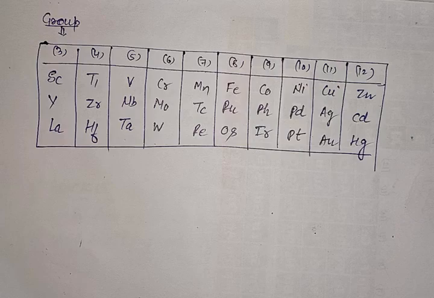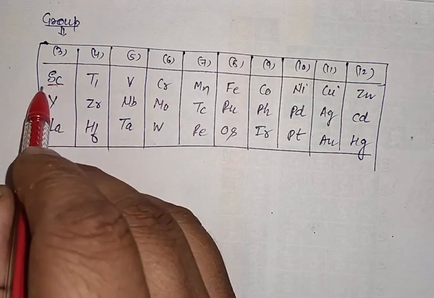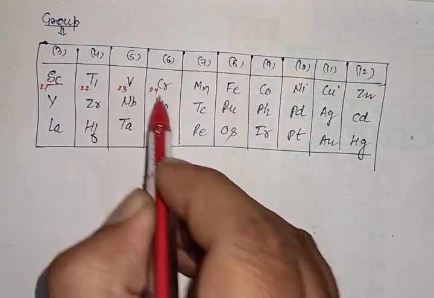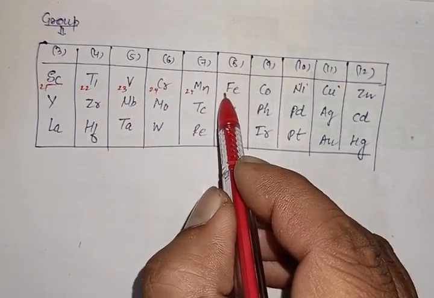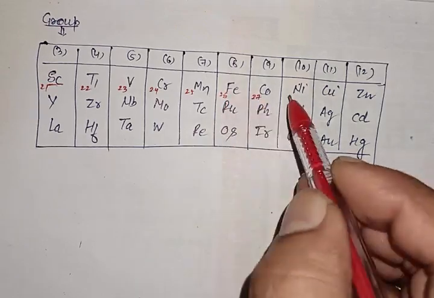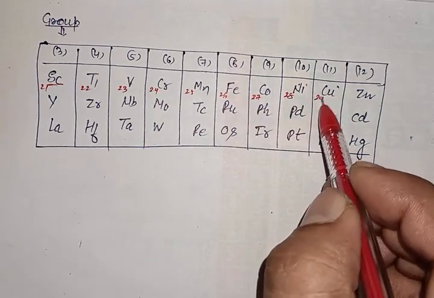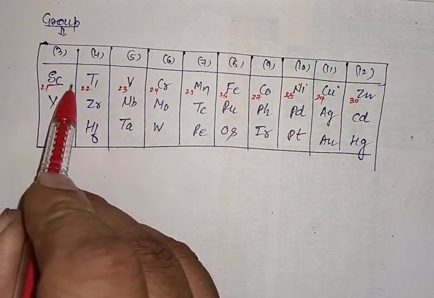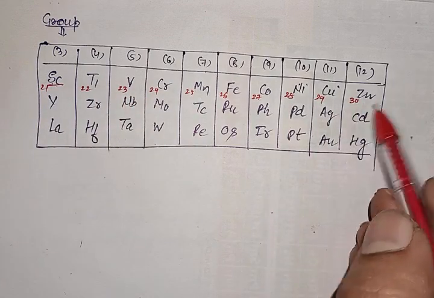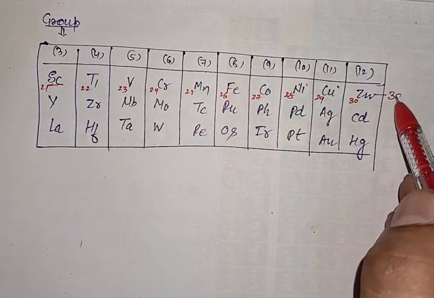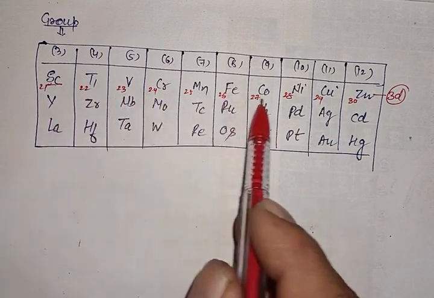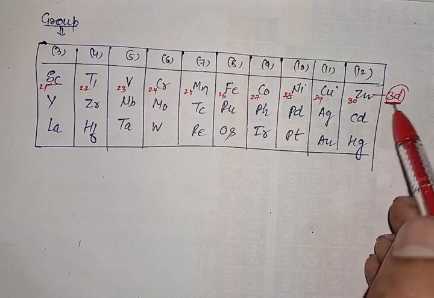For example, scandium atomic number 21, titanium 22, vanadium 23, chromium 24, manganese 25, iron 26, cobalt 27, nickel 28, copper 29 and zinc 30. The elements from scandium to zinc are also called 3D series elements because in the electronic configuration, their valence electron occupies 3D subshells.